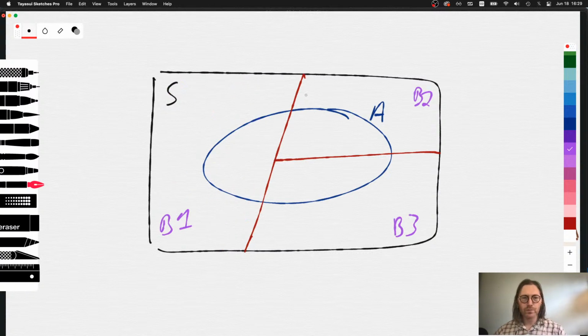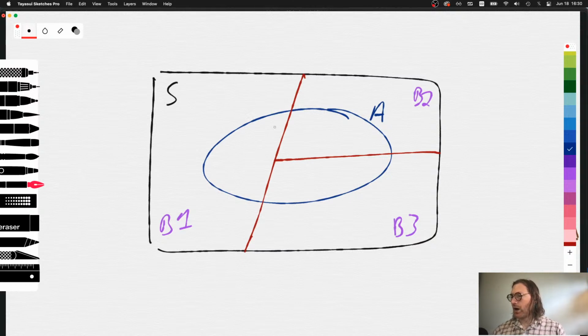And B2 likewise for the other area. So let's say we don't understand the event A by itself. If we wanted to compose A, we could do this step by step, just looking at these.